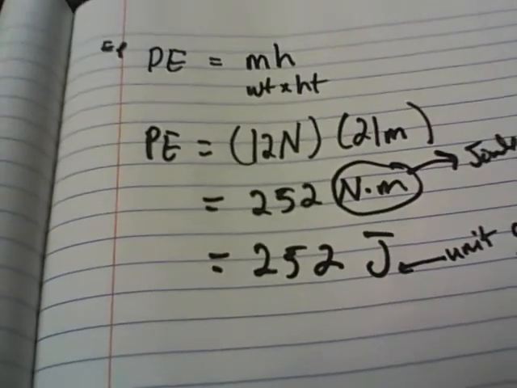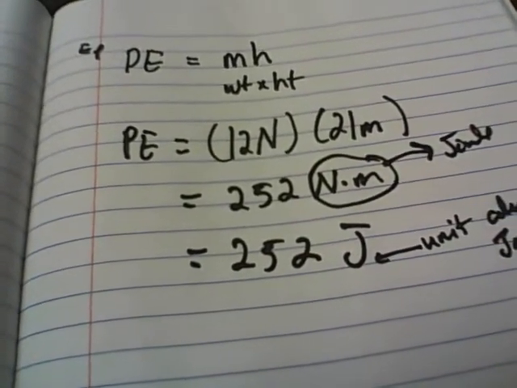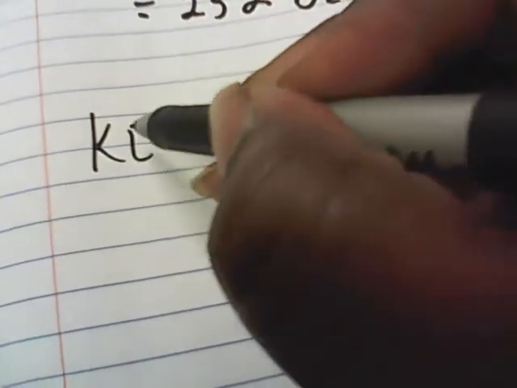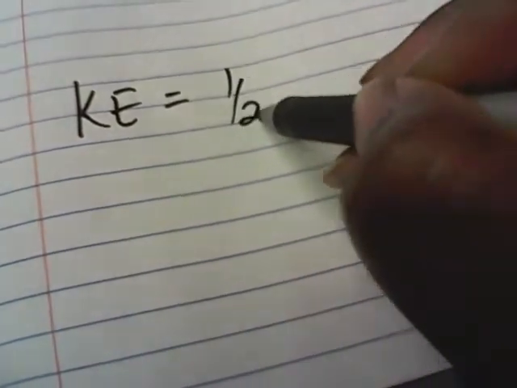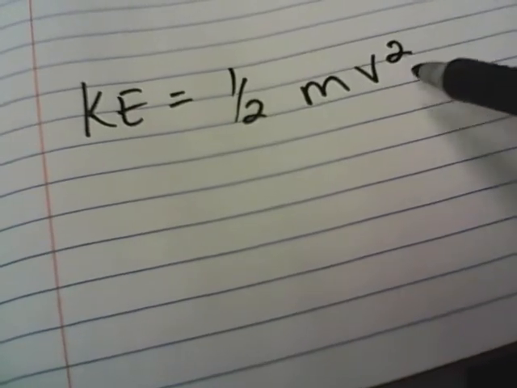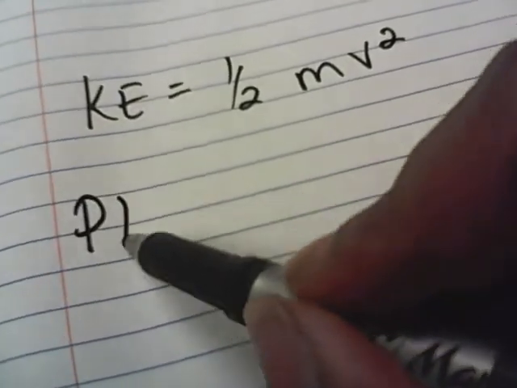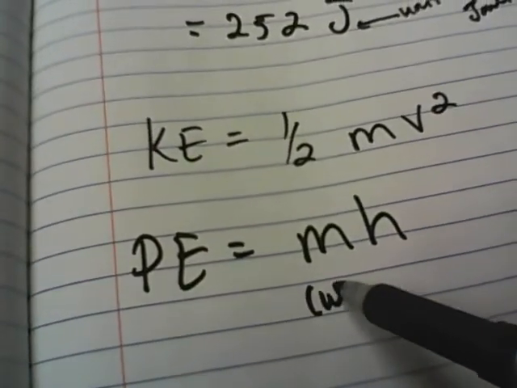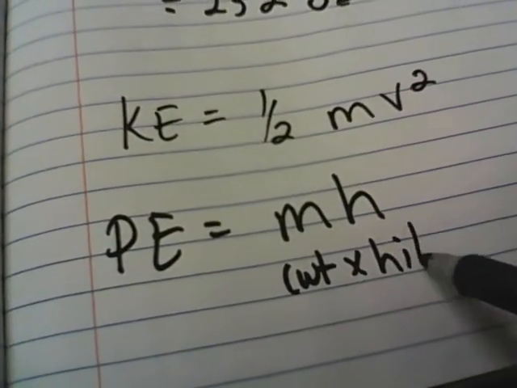And once you know if it's a potential energy or kinetic energy problem, then you can go ahead and do the equation. What you have to remember always is that kinetic energy is equal to 1/2 mv squared. And whenever you do the math, you always square first. And potential energy is equal to mass times height, or weight times height.